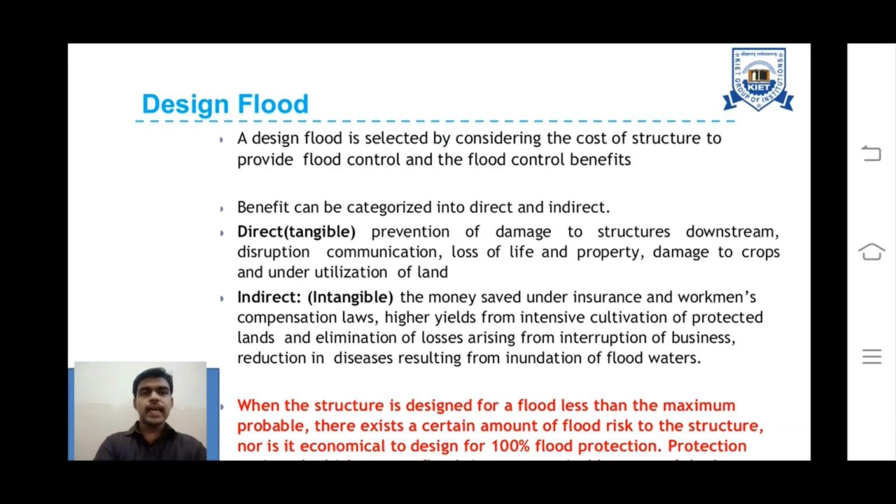So these are all the direct items. But the indirect ones are the money saved under insurance and workman compensation loss, higher yields from intensive cultivation of protected lands, elimination of the losses arising from the interruption of business, and reduction in diseases resulting from the inundation of flood waters.